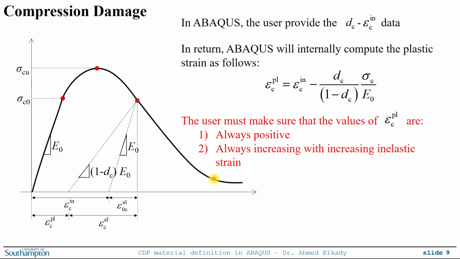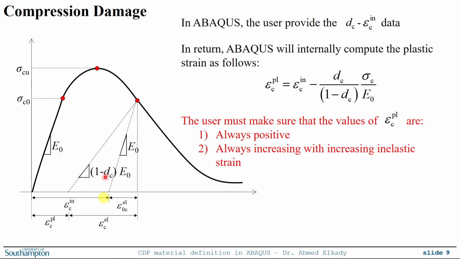And in theory, if I go to a very large plastic strain, then DC will tend to 1, and when DC is equal to 1, the stiffness becomes 1 minus 1, which is 0, meaning there is no stiffness at all during unloading.